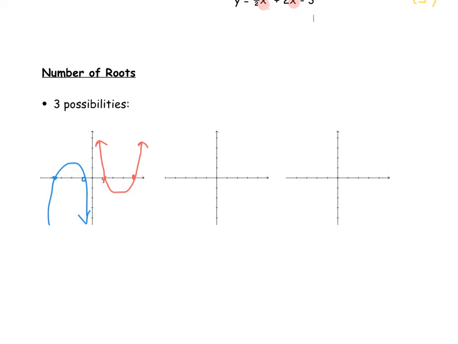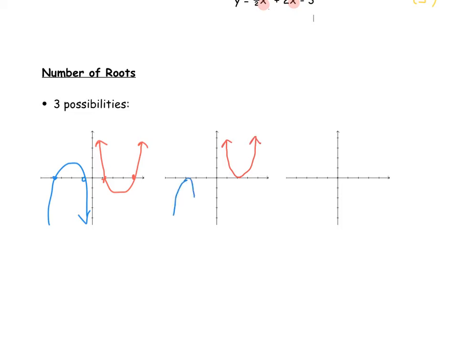What I want you to think about next is, what are some other possibilities? What are some other situations that could happen? Where could these parabolas be situated? So what I'm hoping that you thought about was that one possibility would be that the parabola's vertex is actually sitting on the x-axis, whether opening upward or downward.